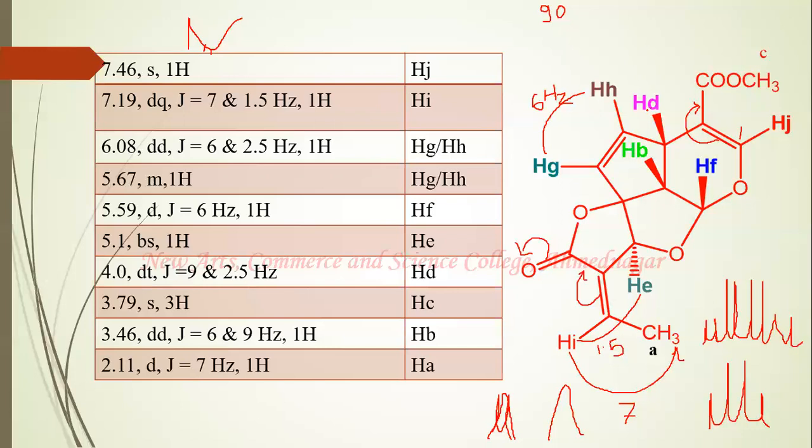The dihedral angle between D and B is 0 degrees. So this is the large coupling constant value, 9 Hertz, and the doublet will get split into a triplet by two protons, H and Hg. So first of all we get a doublet, and the signals get split by the two protons into a triplet.